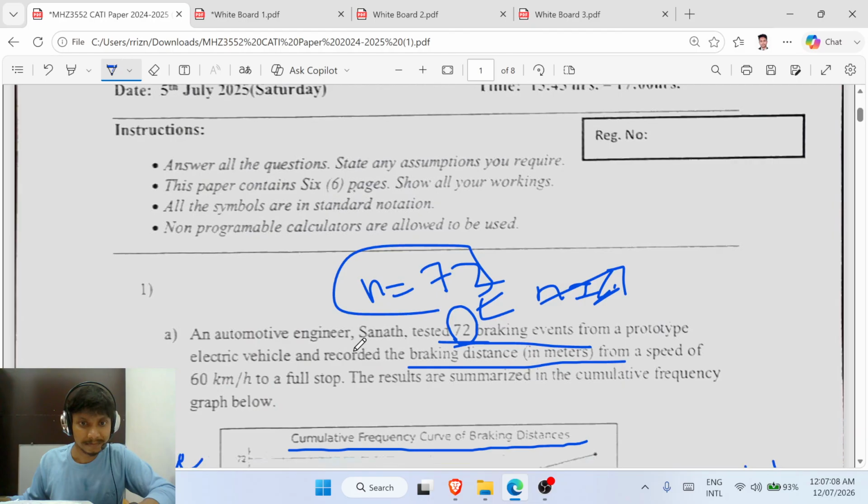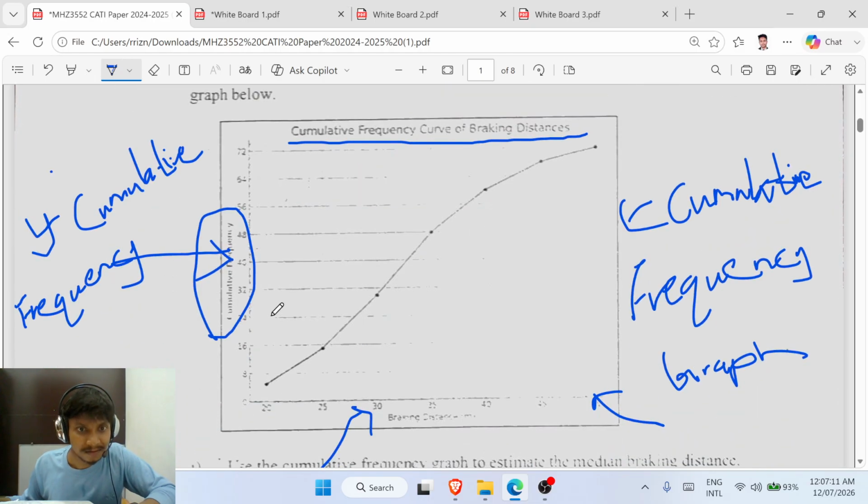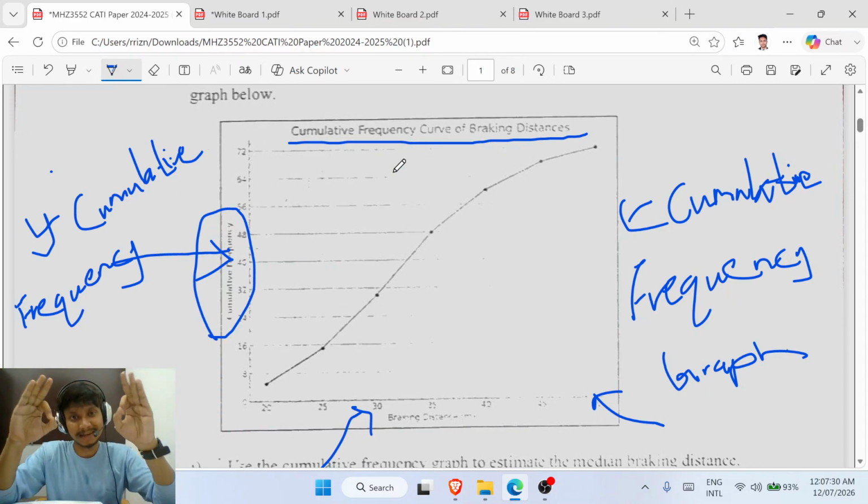Here we have to find 18. Okay, wait a minute. Yeah, this is the graph. We have to guess. Mostly we can't get the exact value here.